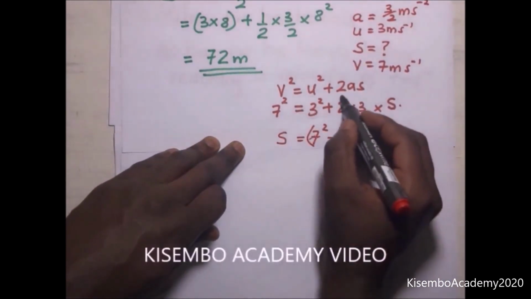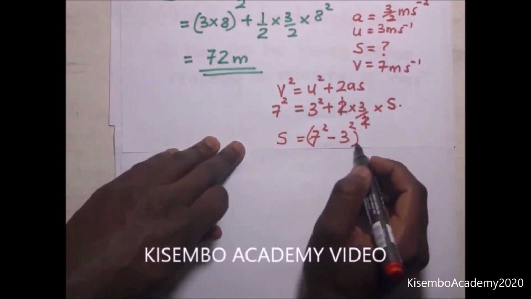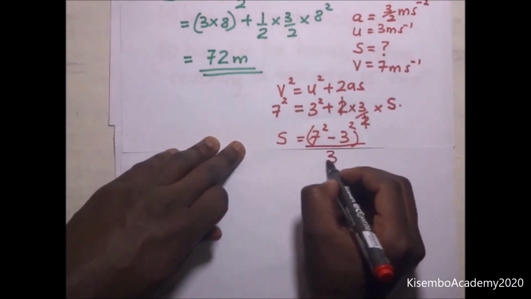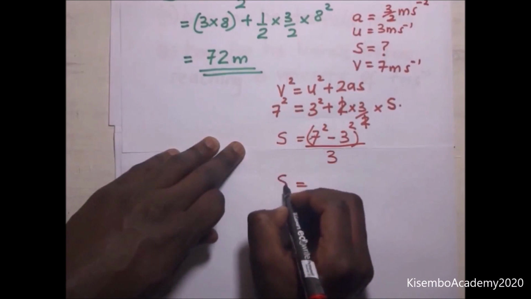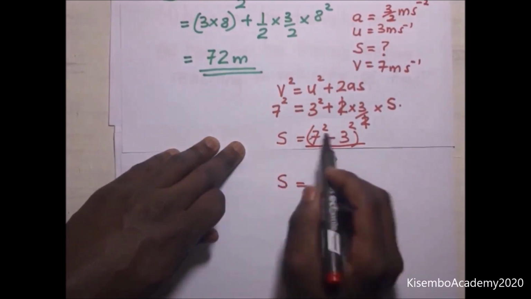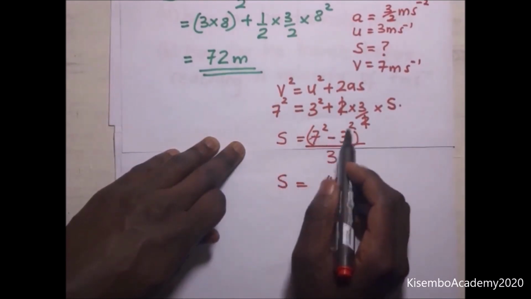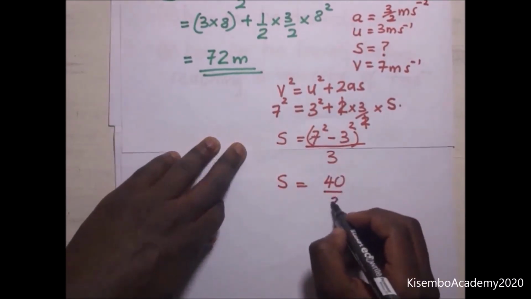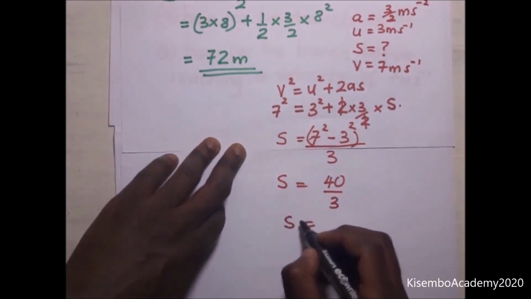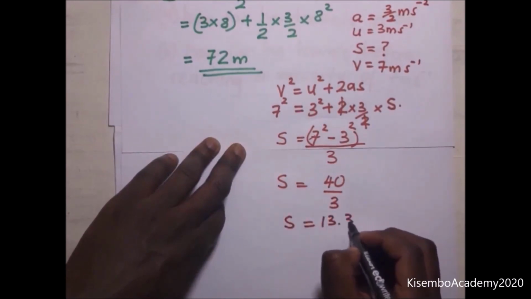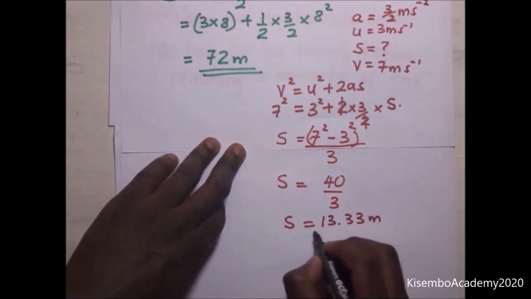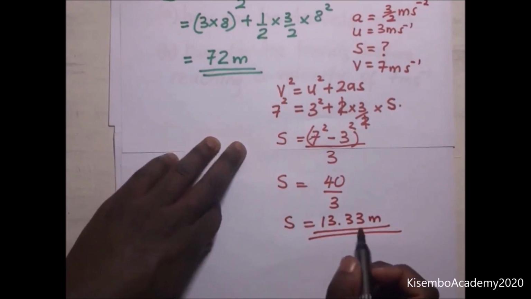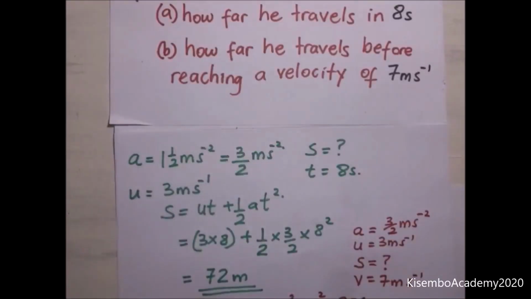This 2 cancels with that 2. So all this is going to be divided by 3. So our value of s here becomes 40, because this is 49 minus 3 squared, which is 9. Divide that by 3, and so our value of s is 13.33 meters. So this is the distance he travels before reaching the velocity of 7 meters per second.